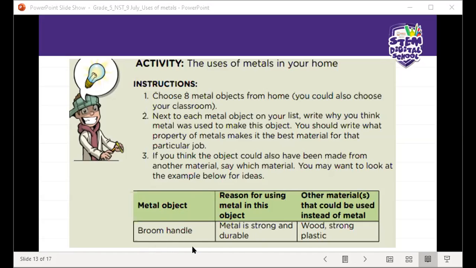And then you're going to also tell me why metal was used for the broom handle, and your reason could be the metal is strong and durable. All right. And if you think that the broom handle could have used another material, you would say instead of metal, we could have used wood or strong plastic. All right. So that is what I want us to do. So guys, I'm going to give you a minute. Look around your room, the room in which you're in right now. Identify a metal object and raise your hand and tell me more about that metal object.